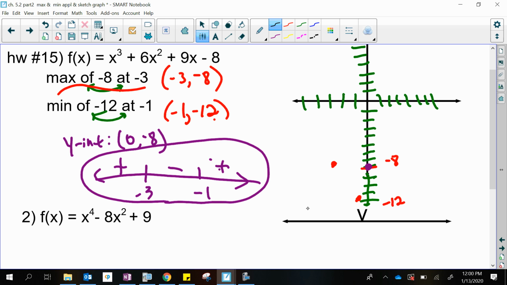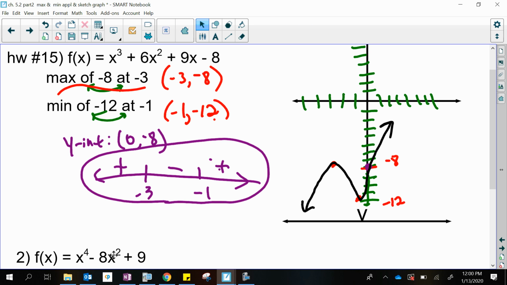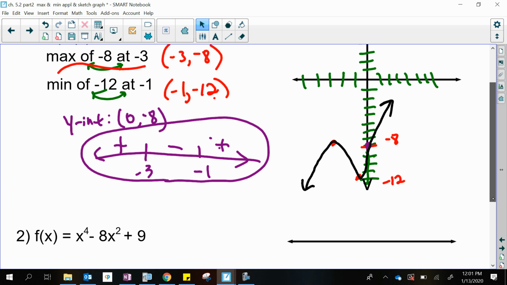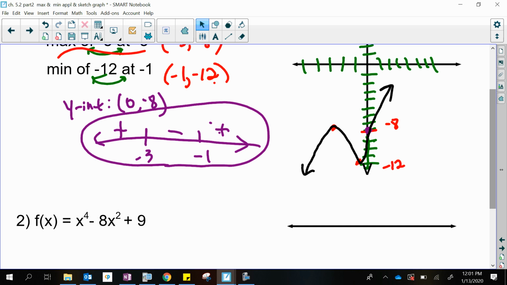So we know it's increasing on the way to that max, then decreasing, and then increasing again. So we can sketch the graph.